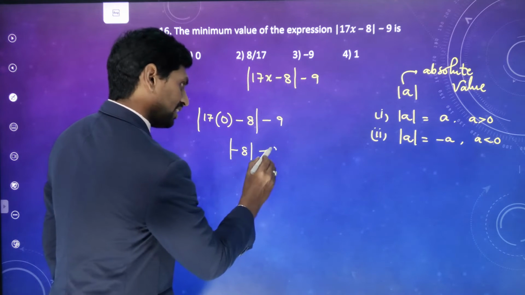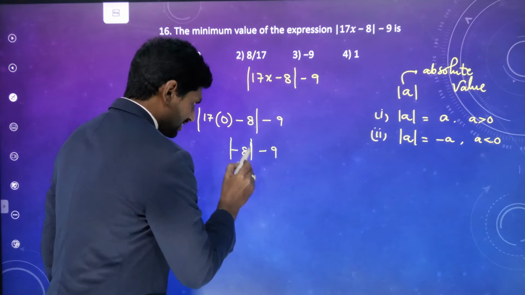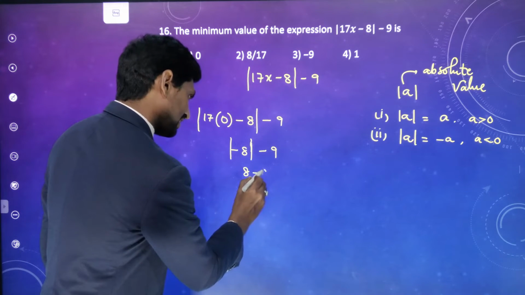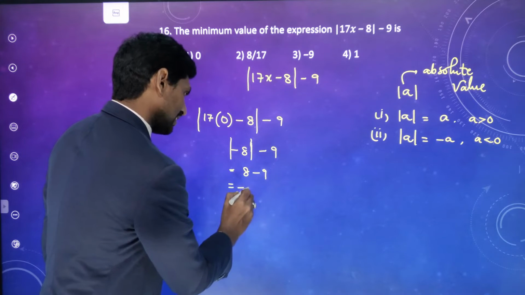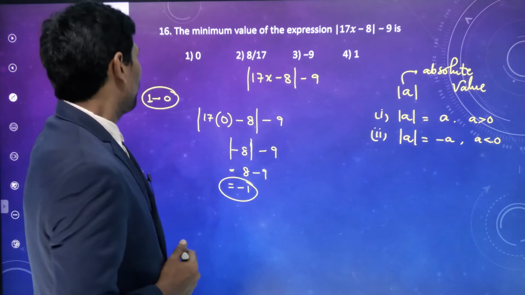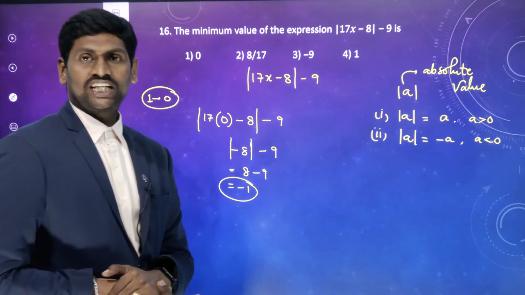Whenever an integer is in the modulus, we consider that value as positive. Here 8 minus 9, therefore the answer is minus 1. From the first option, if we substitute 0, we get negative 1.